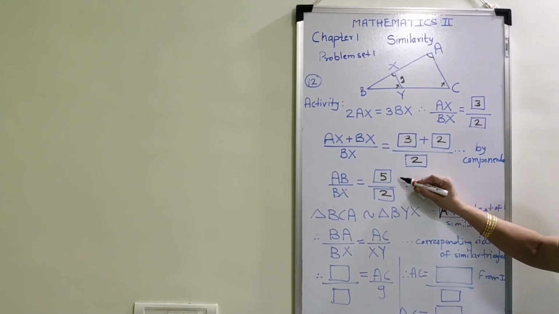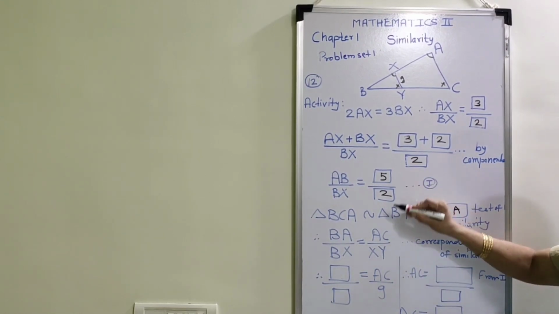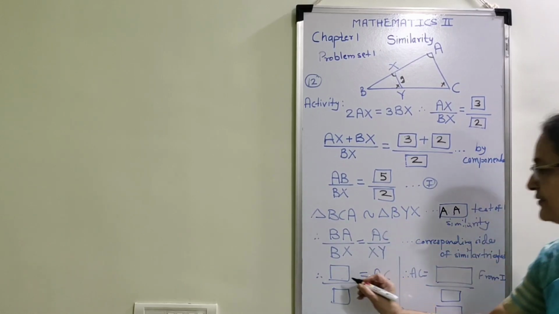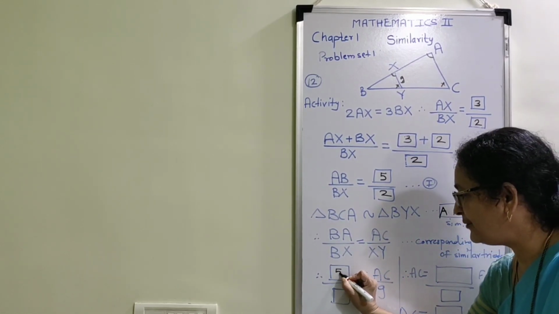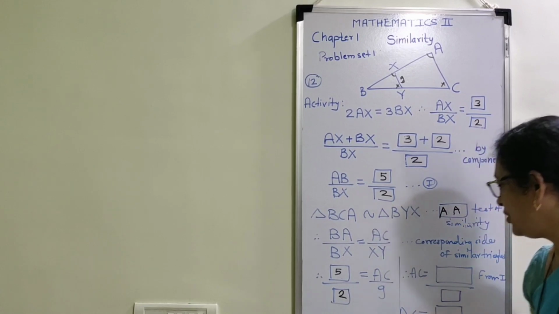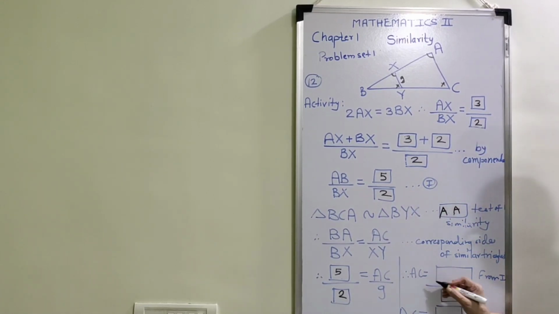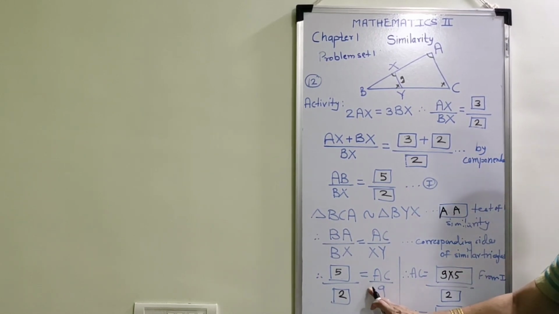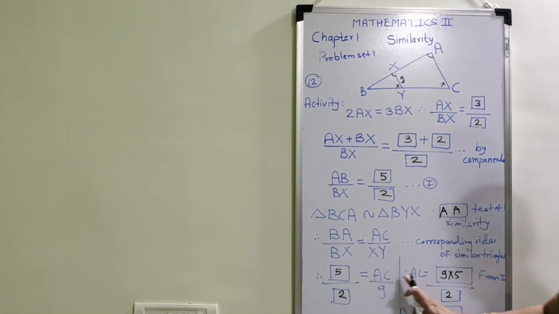But just now we have completed the ratio AB upon BX, that is 5 upon 2. I am going to substitute the value here. Cross multiply, you will get 2 into AC is equal to 9 into 5.